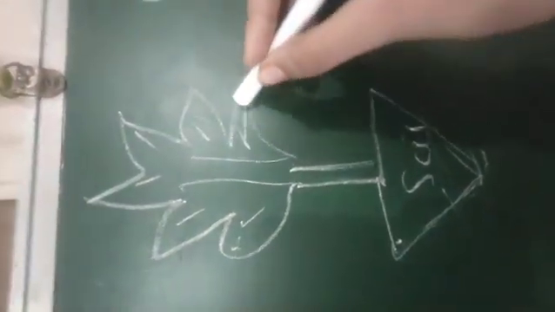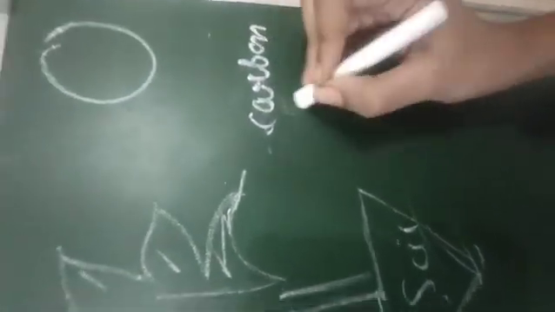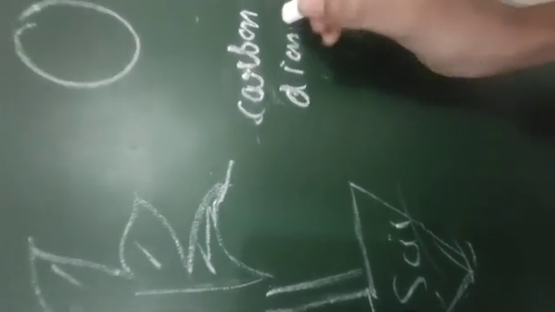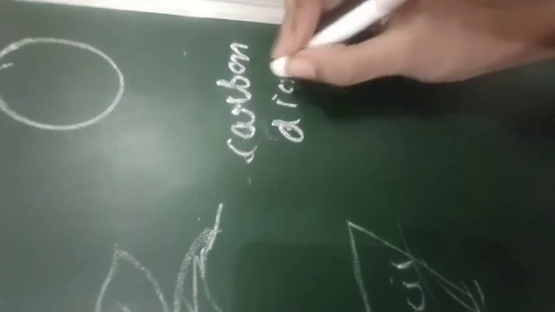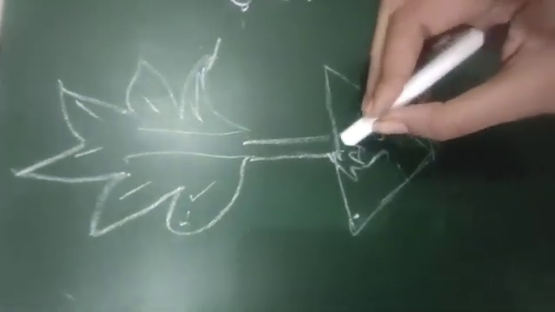Now this plant's leaf obtains carbon dioxide from the atmosphere, and we already know that the roots of the plant absorb water.